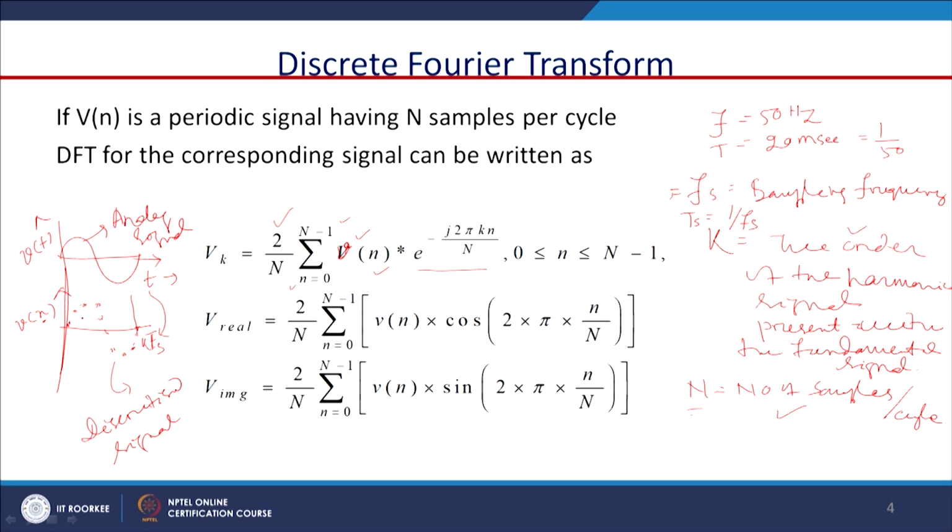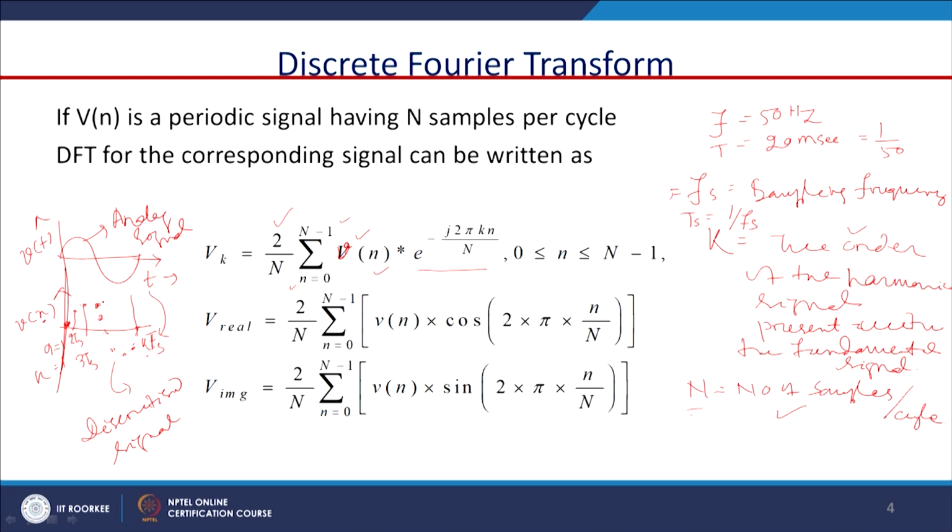for kTs, because let us say this n is equal to 1 or k is equal to 1 here. Sometimes we also write nTs, the position of the sample. This n stands for the position of the sample. Here n is equal to 1 or k is equal to 1, this is 2Ts, this position is 3Ts, and this position is 4Ts, 5Ts, and so on.